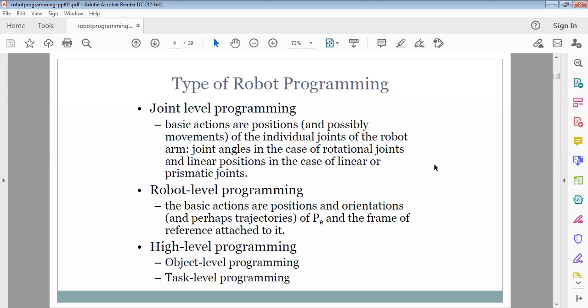The third is high level programming, which is subcategorized as object level programming and task level programming. In object level programming, we concentrate on the object, how to place the object, and the actions for which you need to write the program. Then task level programming.